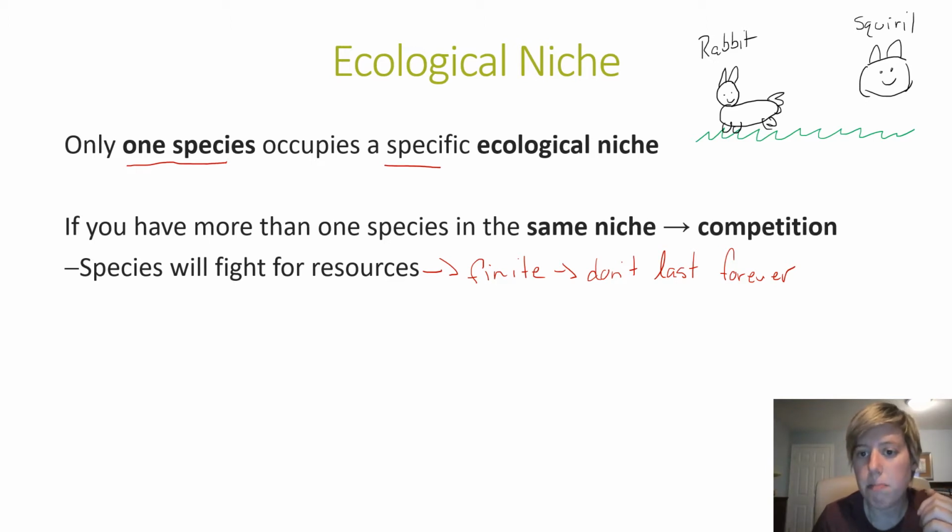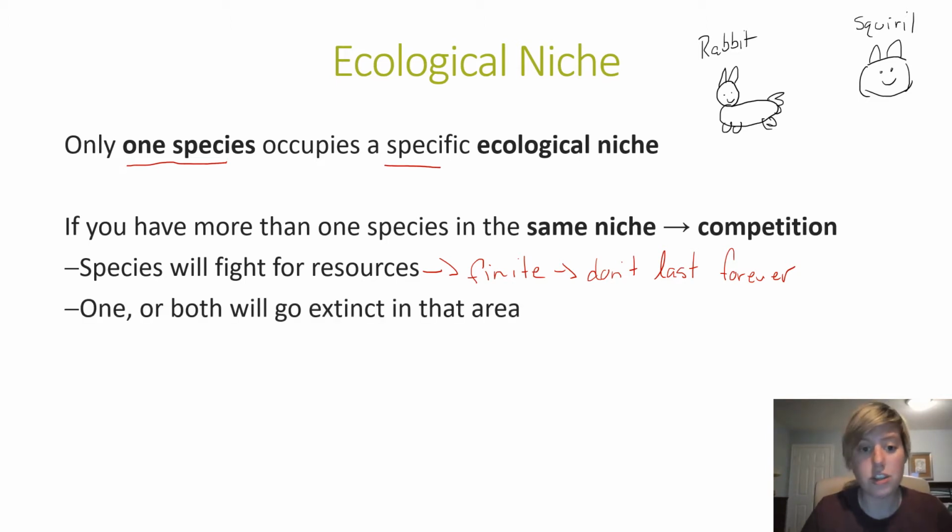Now, if they both eat the same thing, so let's say they both eat grass. Now, grass can only grow at a certain rate. If both of my species are both eating grass, then eventually they're going to be eating more grass than is available. And if they don't have any other food source, and that's the only food source they have, well, what's going to happen is that both species are going to suffer. They're not going to have any food available, so both species will eventually go extinct in that area.